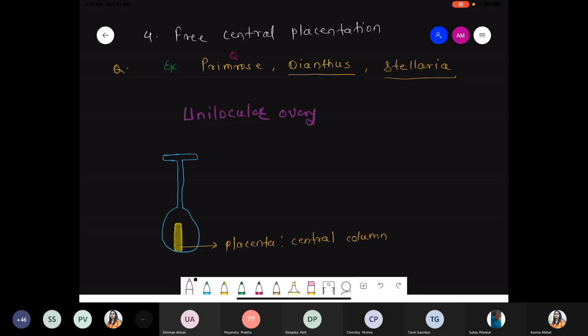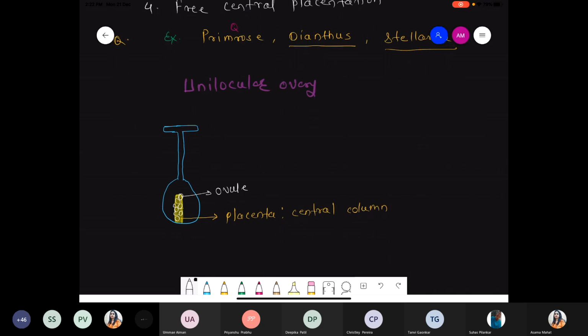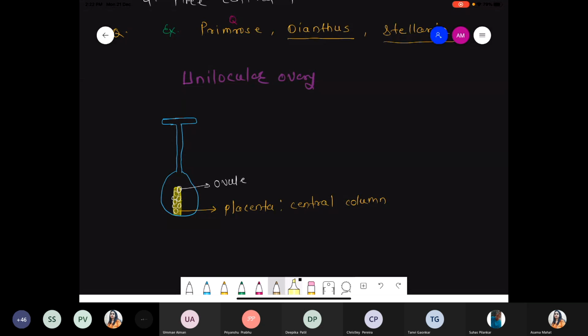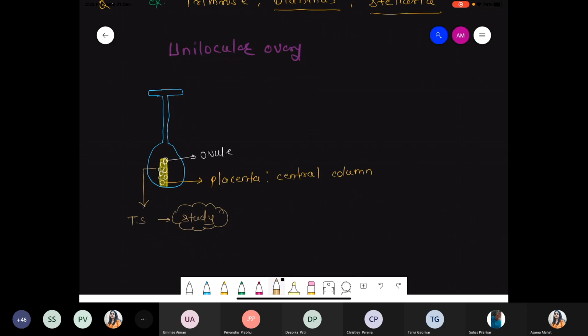So now maximum seeds, or maximum ovules, are present like this in a group. These are the structures for the ovule. If we take the TS, the transverse section, and perform a morphology study or a study under the microscope, what happens?